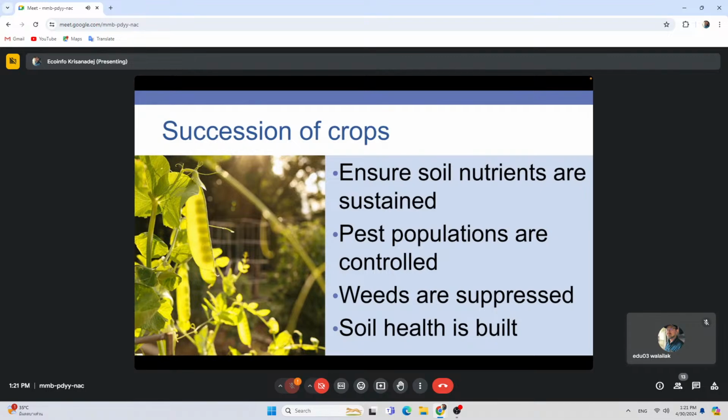So we have to escape the pest cycle by planting something else. If I were a beetle, I came out, oh my gosh, no food left. What would I do? I'm going to die, right? My babies are not going to have food to eat. So they cut down the pest cycle right away. The weeds also are suppressed if you do crop rotation.